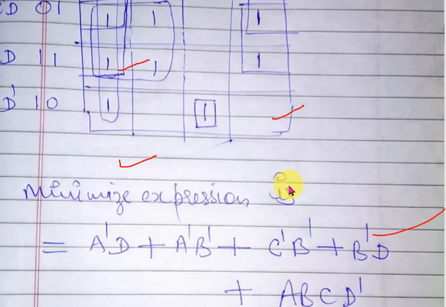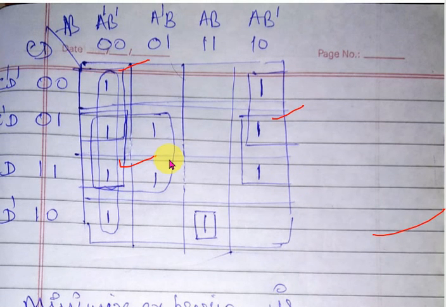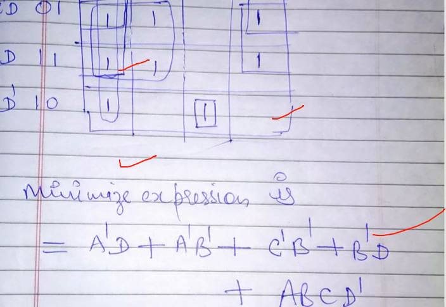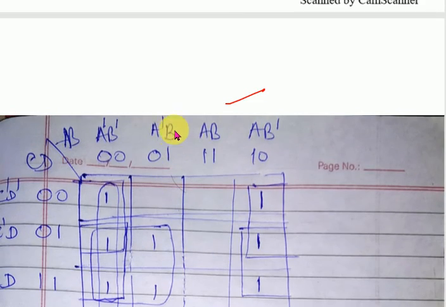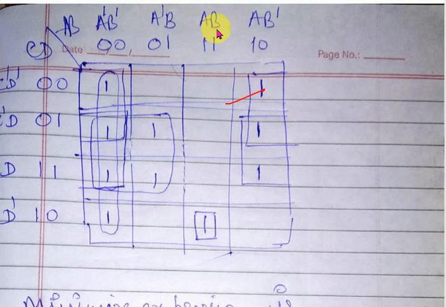And in the last, we have considered all basic blocks of order 4, and now we have the basic block of size 1 by 1. No variable is in the form of itself and its complemented form, so we will consider all the variables: from here A B and from here C D dash.